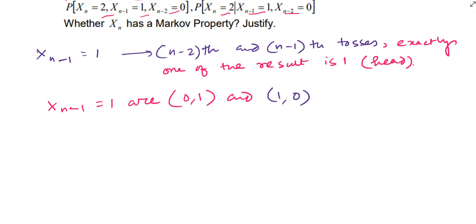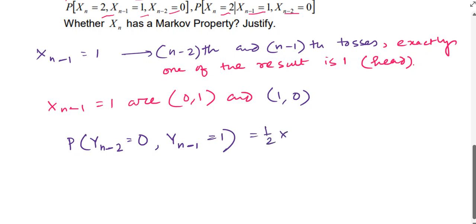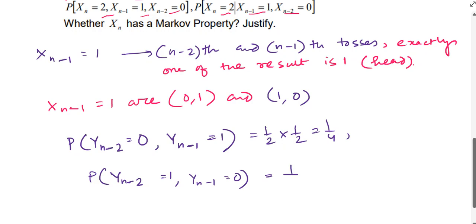So the probability of each combination: P of yn minus 2 equals 0, yn minus 1 equals 1, that is half into half, that is 1 by 4, and probability of yn minus 2 equals 1, yn minus 1 equals 0, that is also half into half, that is 1 by 4.